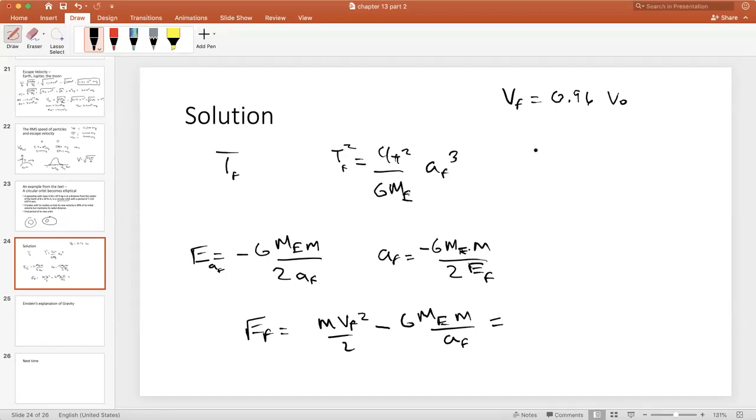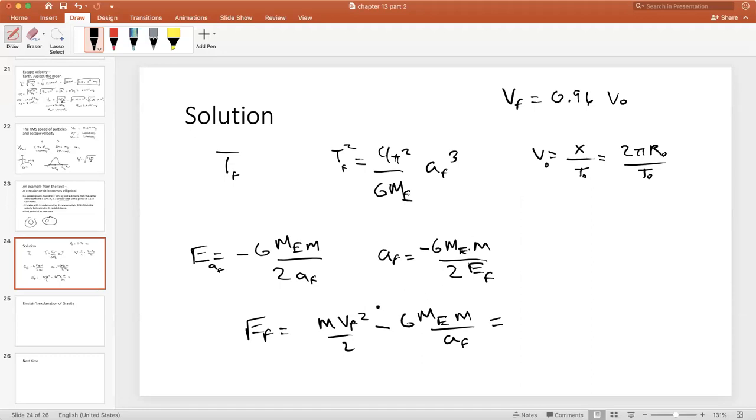If we know the period, V is going to be equal to the distance over time. The period is 1 rotation, so this is how far around it went, or 2 pi times the original r initial, divided by the period. That is our V initial.